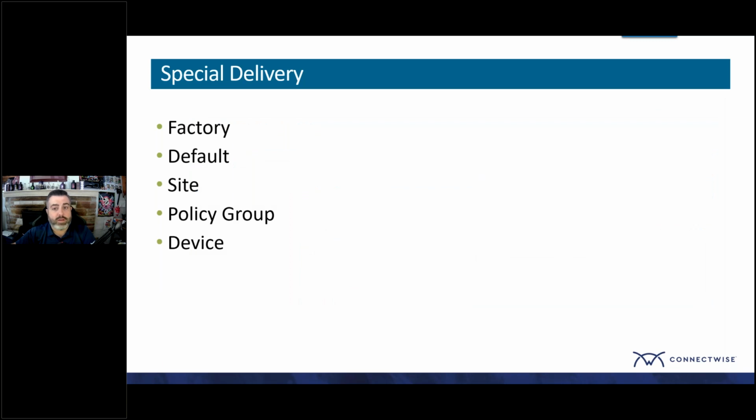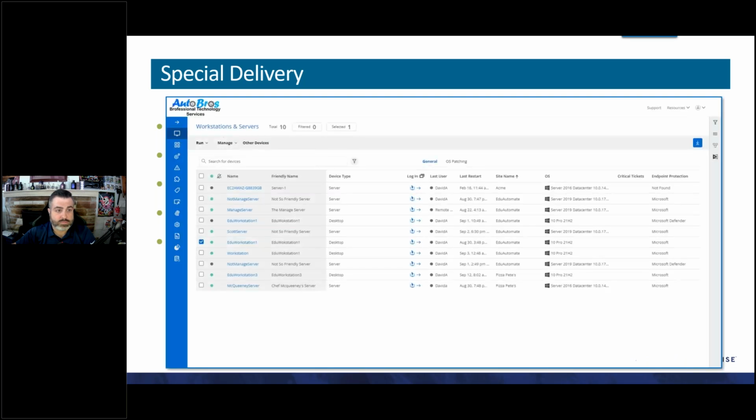And finally, the 5th level is the device override, or the device itself, where we can override or change the policy settings. From the computer screen on ConnectWise RMM, I can select a device here.